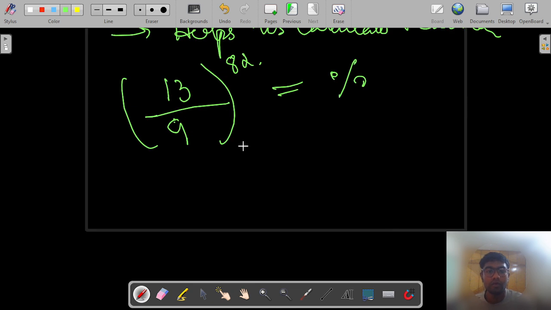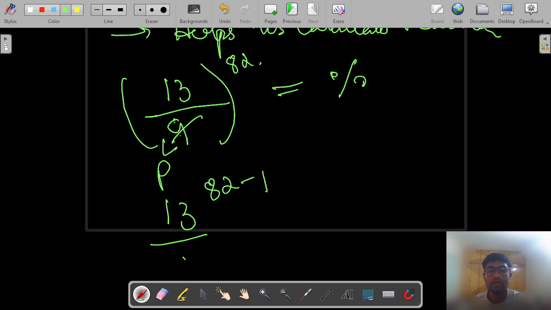Then we can do it this way with Fermat's theorem. So we can calculate 13 to the power of 82 modulus (p minus 1), and then divided by p. So this would be the formula.